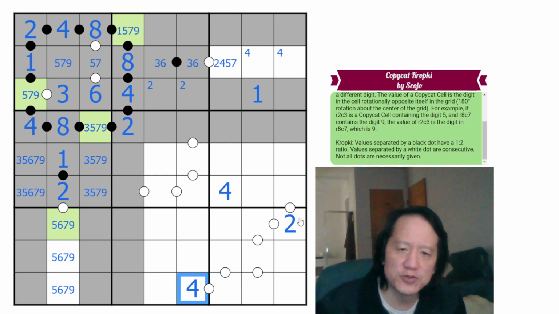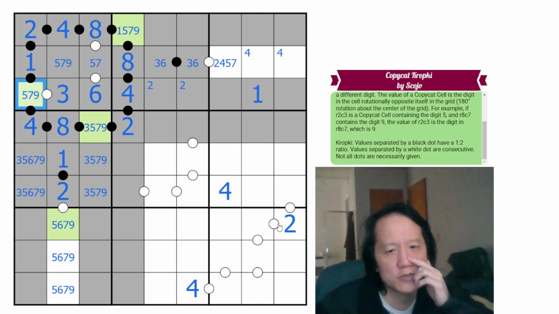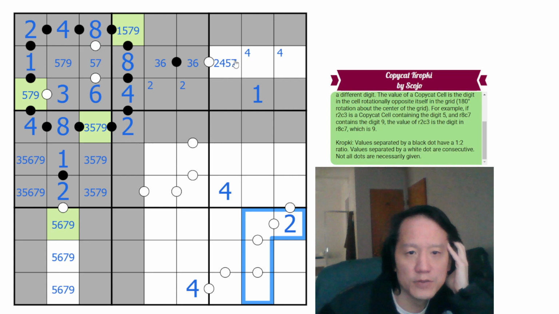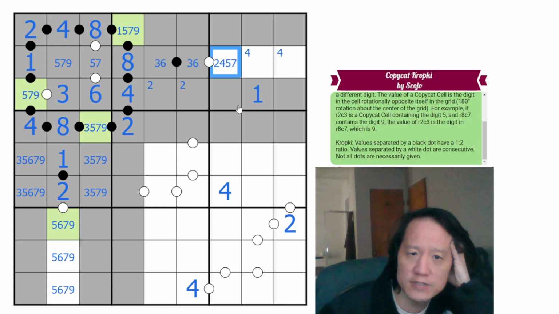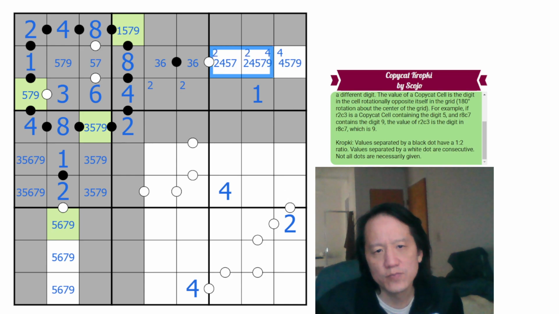We don't know if these are copycats, right? So if this is a 2, it copies. If this is a copycat, it would copy that one. So this one's not correct, necessarily. This does have to be 2, 4, 5, and 7 in value. So this has to be 2, 4, 5, 7, 9 in actual numbers. This can't be 2, so 2 is one of these two.